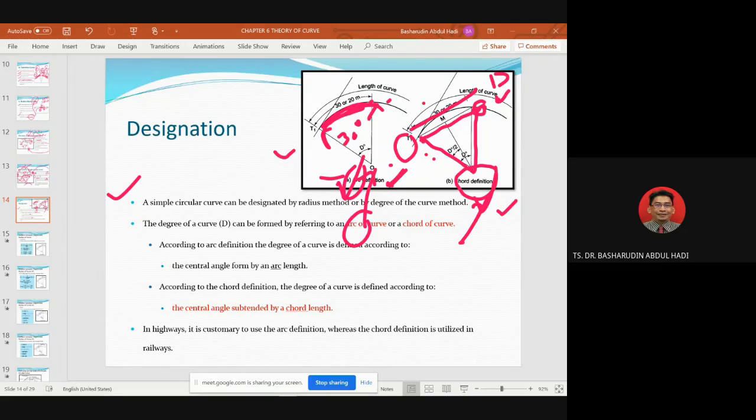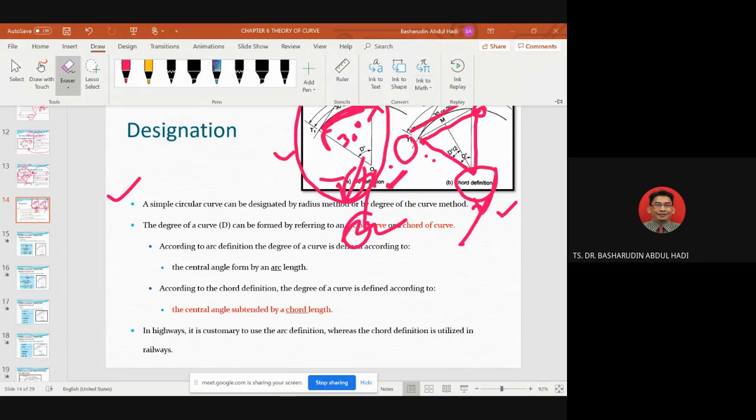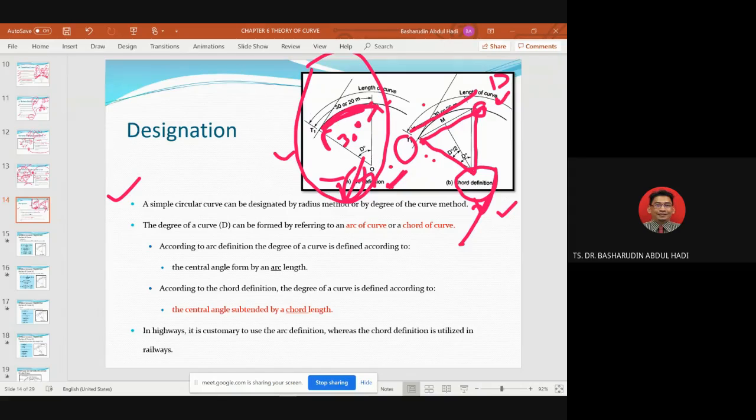According to arc definition, the degree of curve, or we call it D, can be defined by referring to an arc of curve or a chord of curve. This one arc, this one chord.